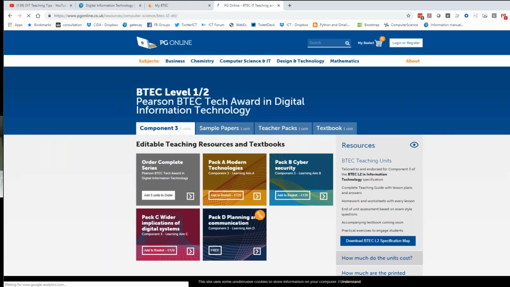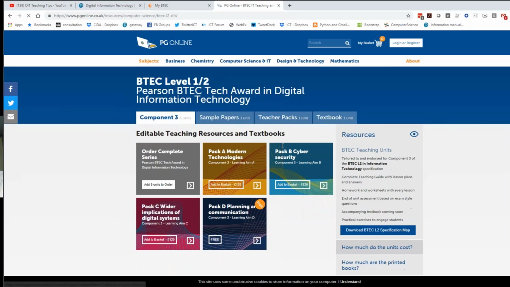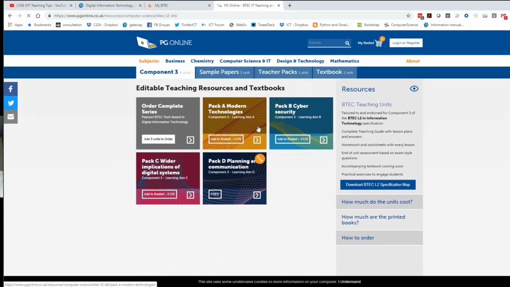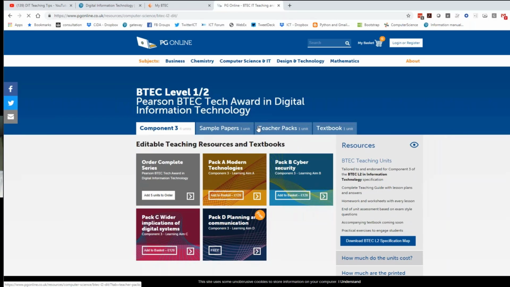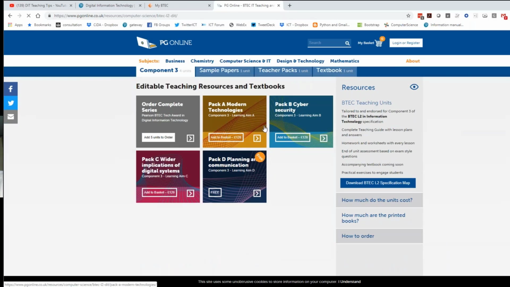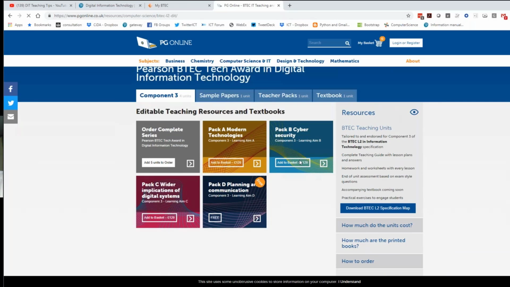So it's all component 3. Their use of the term unit is not particularly helpful, but they've got some sample papers as well, which are different to ours. I believe they're building some more. So it's well worth looking at. It's endorsed by Pearson, so we've checked that it's fit for purpose. I don't know what the costs are, I'm sorry, but it's something to have a look at.